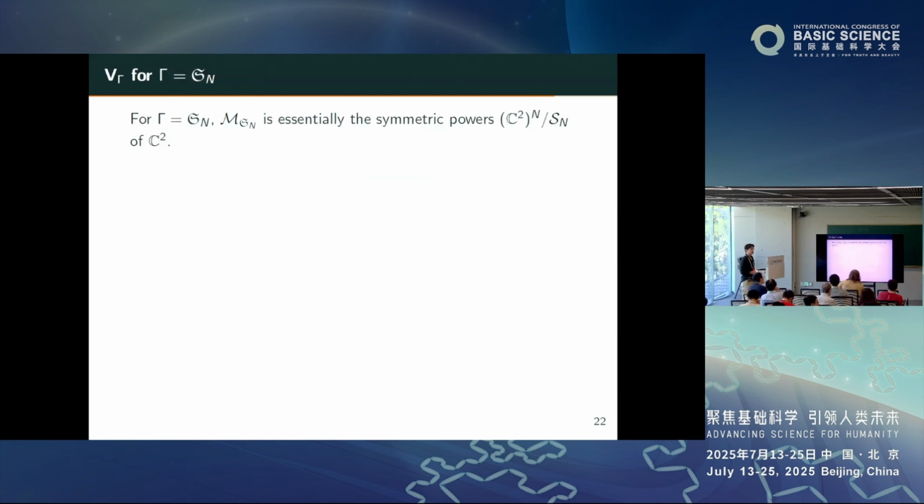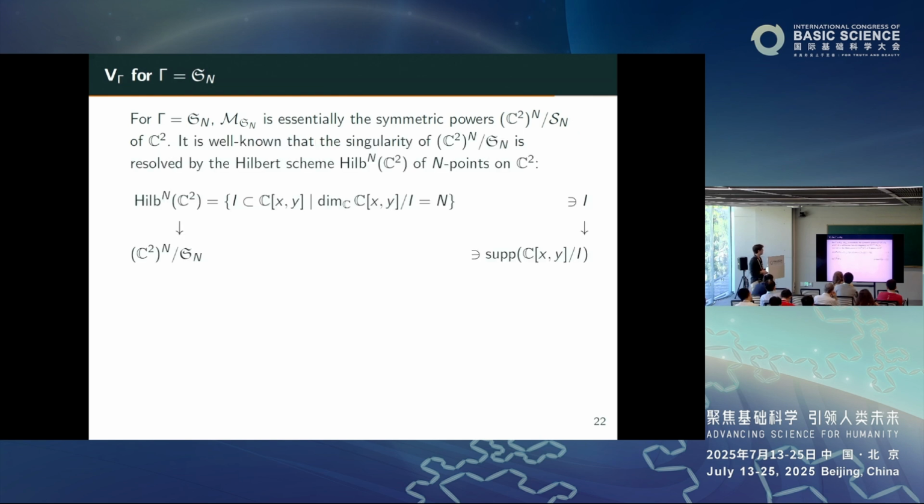This conjecture is still open, but you can try to do something for the easiest case, which is the case of type A. In this case, the Weyl group is the symmetric group, so the corresponding symplectic singularity is essentially the symplectic power of C^2. It's very well known that this symplectic singularity is resolved by the Hilbert scheme of n points on C^2.